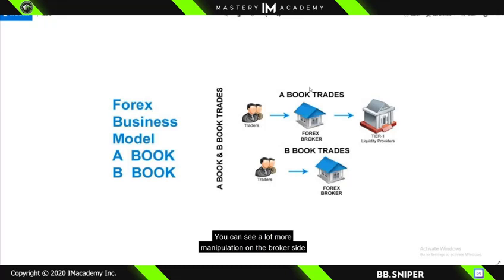You can see a lot more manipulation on the broker's side in a B book rather than an A book. But regardless, your liquidity provider can do some things as well. These are your two setups. So what's going on when we start connecting the dots is this.